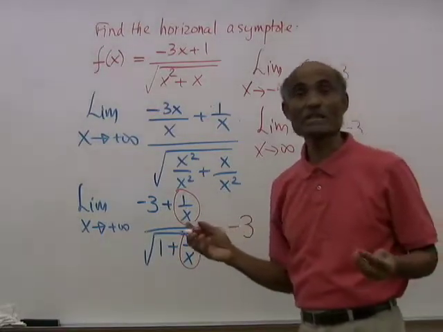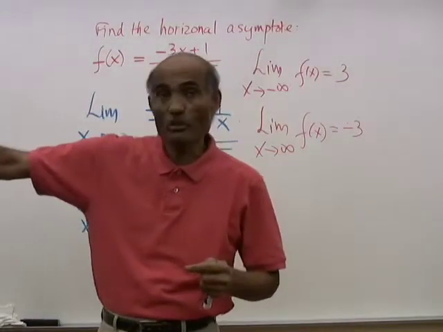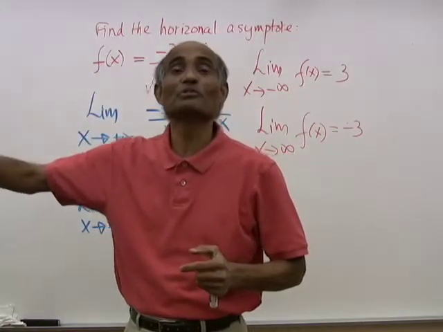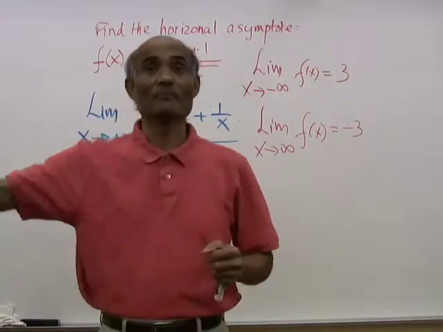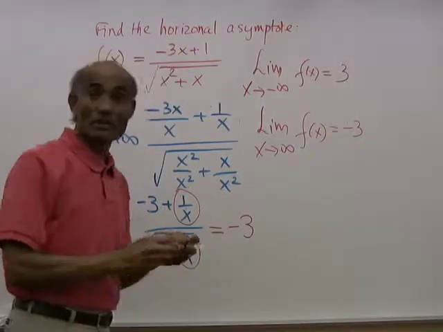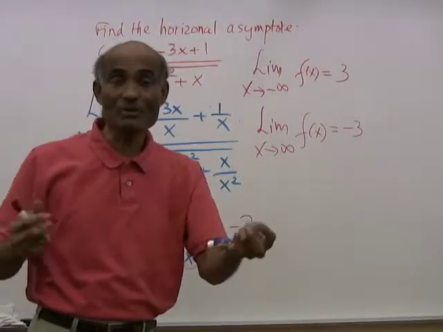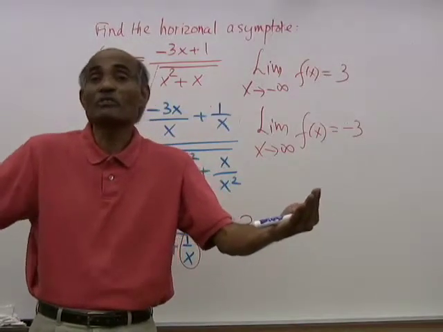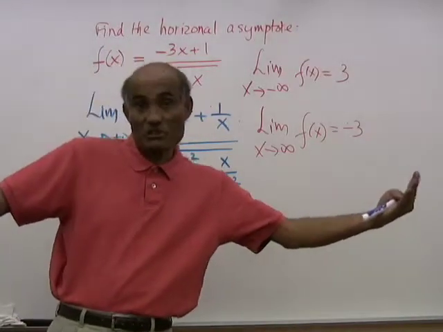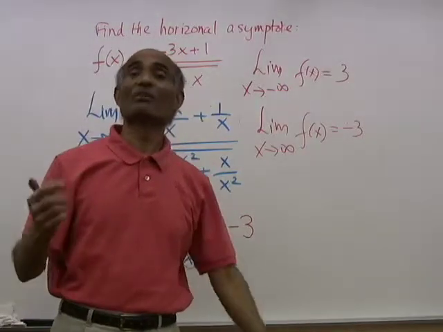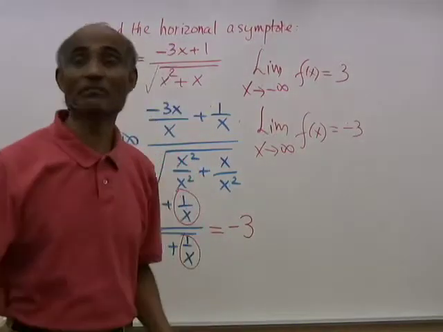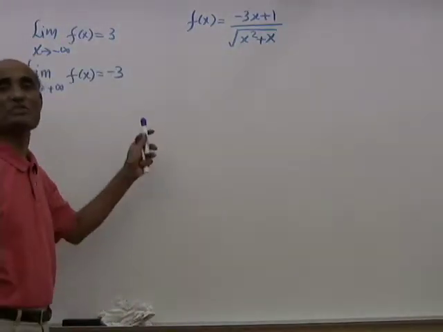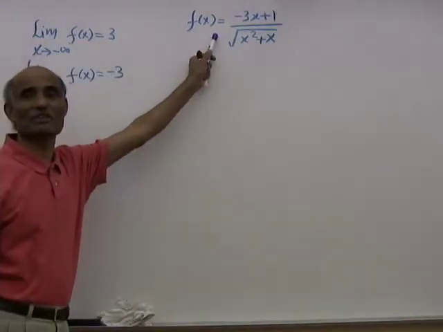What it tells you is, as x goes to positive infinity, the function value will get closer and closer to negative 3. Well, so there are two horizontal asymptotes. The behavior of the function as x goes to positive infinity is different from the behavior when x goes to negative infinity. Can we now use this information to sketch the graph of this function?